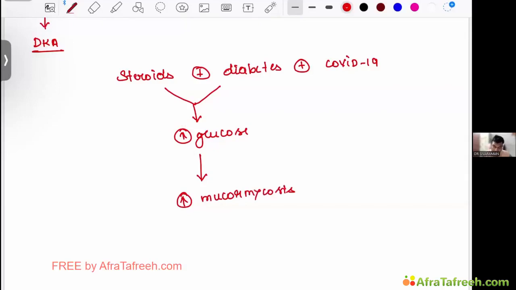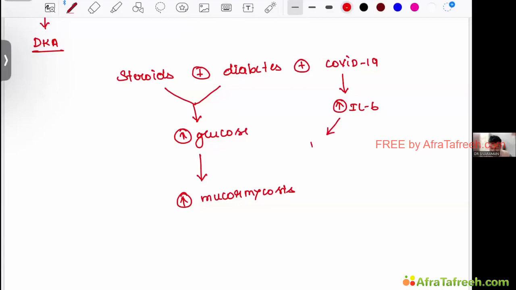And COVID-19 will increase the cytokine interleukin 6, and this interleukin 6 has a function to increase ferritin. Because of this, there is going to be an increase in intracellular iron.